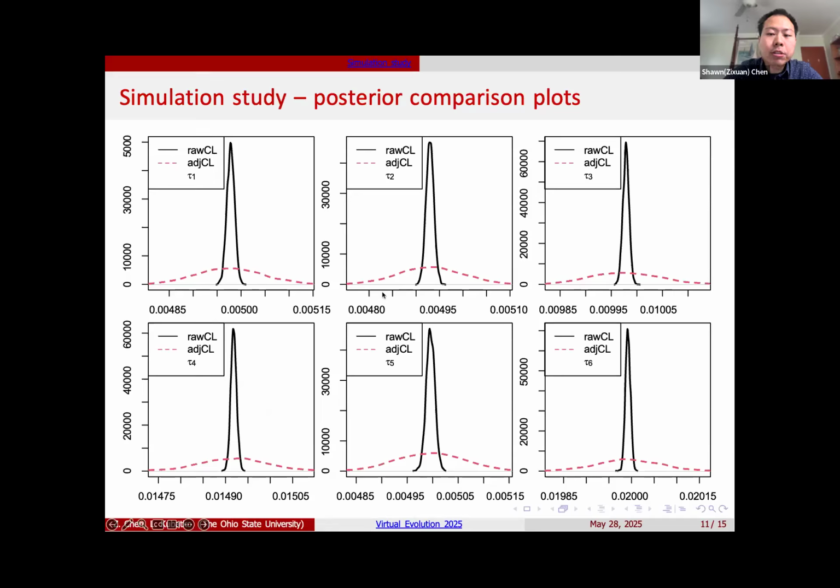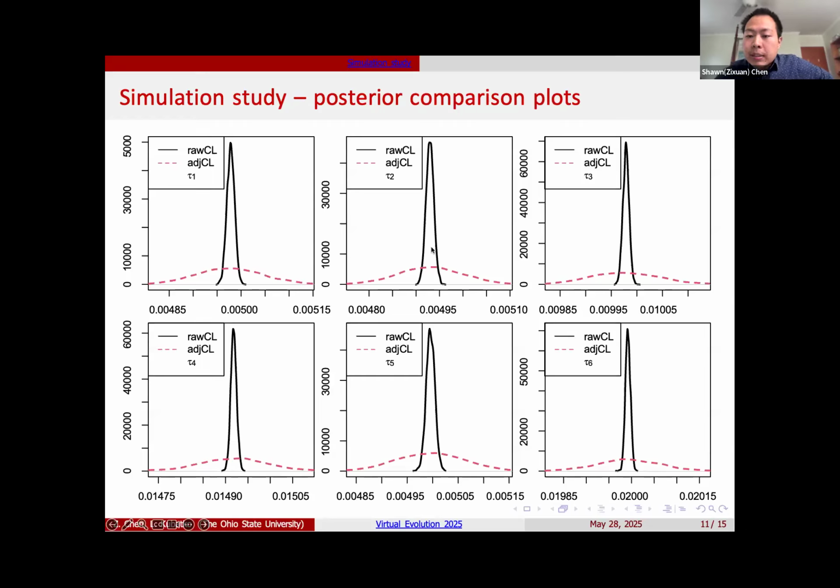So this is a posterior comparison plot. As we have mentioned earlier, the posteriors from the unadjusted composite likelihood will have a spikier distribution. You can see that in the plots.